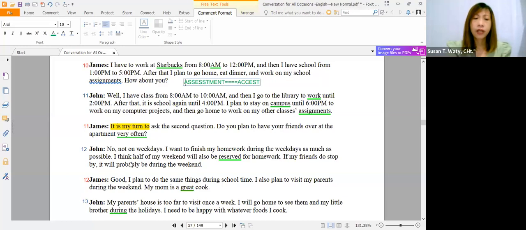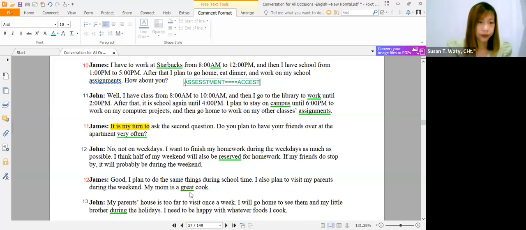Saya pikir menurutku sebagian setengah dari weekend saya, akhir pekan saya juga akan saya gunakan untuk mengerjakan PR. Okay, that's the rough translation. So it's a passive here. You're gonna pronounce that as reserved. All right, that's it, guys.